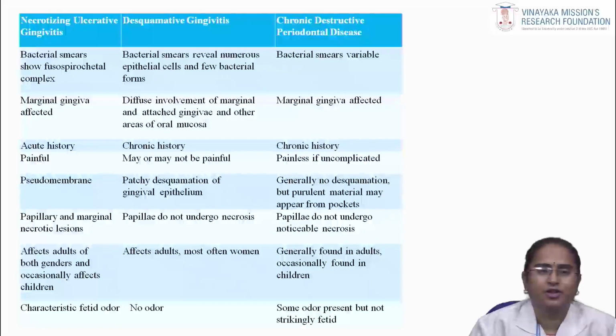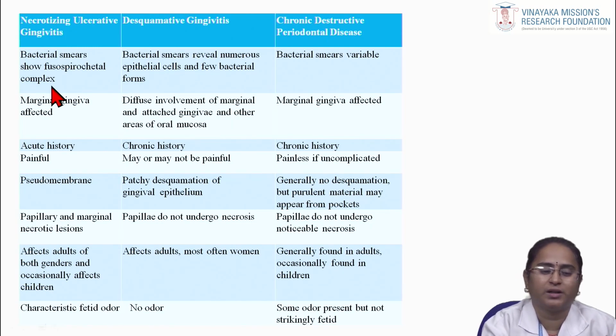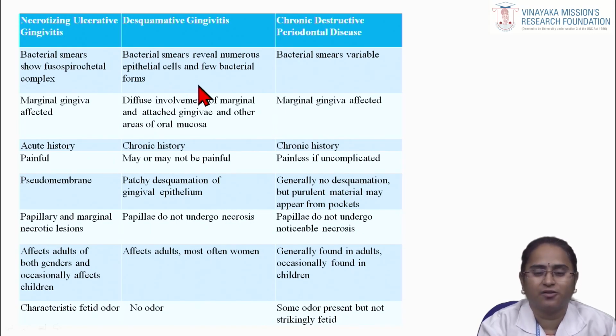Coming to the differentiation between necrotizing ulcerative gingivitis, desquamative gingivitis and chronic destructive periodontal disease. In NUG, the fusospirochetal complex is present, whereas in desquamative gingivitis bacterial smears reveal numerous epithelial cells and few bacterial forms. In chronic periodontitis bacterial smears are variable. In NUG the marginal gingiva is affected. In desquamative gingivitis there is diffuse involvement of the marginal and attached gingiva.